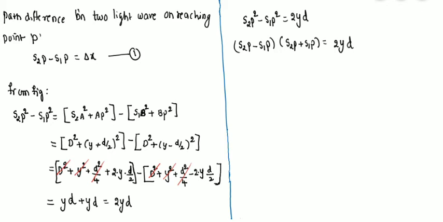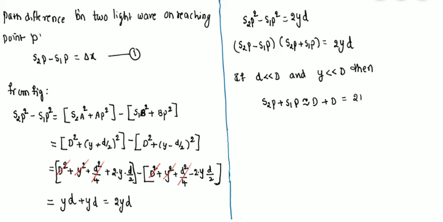What is s2p plus s1p from the figure? If small d, the distance between the two slits, is less than capital D, and small y is also less than capital D, then s2p plus s1p is nearly equal to capital D plus capital D, that is 2D.